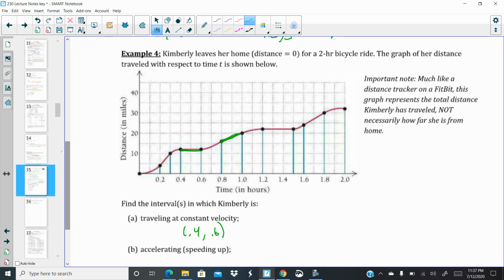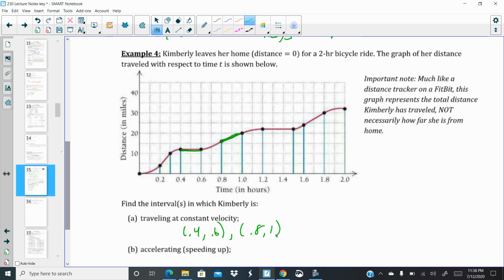That means that the position is increasing at a constant rate. So the slope of that line right there would be constant. Looks like it would probably be like, say 5 over 0.2 or something like that. But it definitely looks like we've got a constant velocity there, and that's going to be from 0.8 to 1.